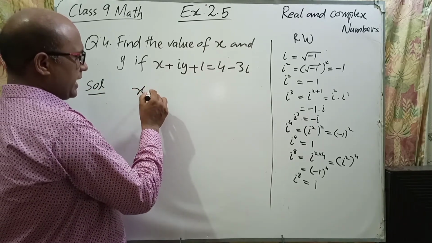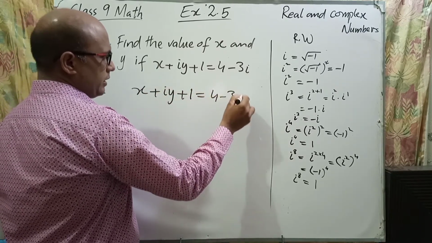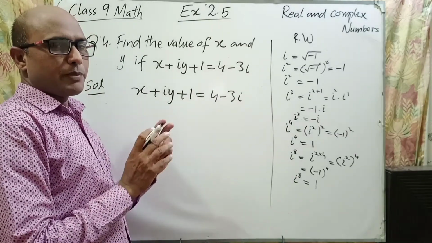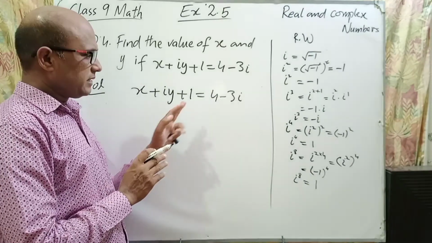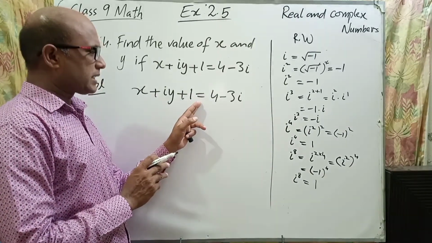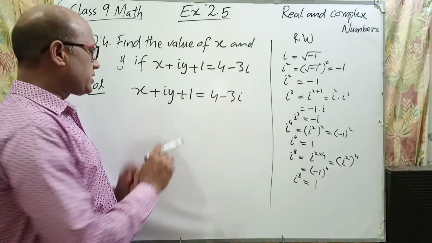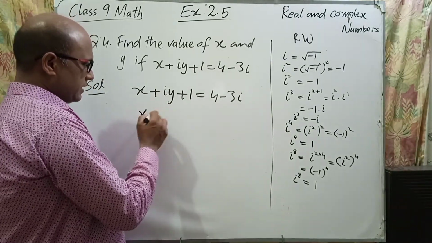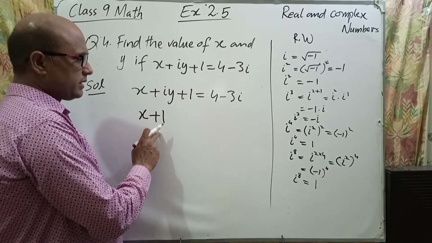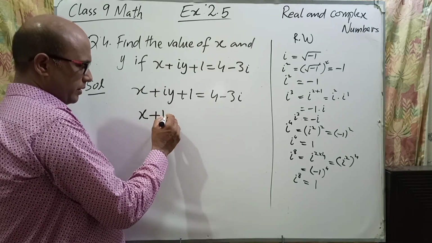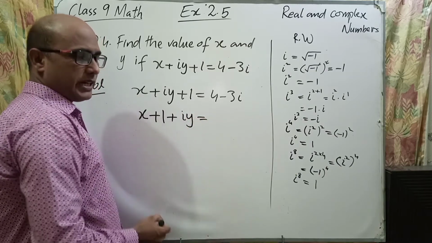Students, we will write it as it is. And we have to separate the real and the imaginary parts on both sides. On both sides of the equal sign, we'll arrange them according to real and imaginary parts. So x plus 1 on the left hand side, x plus 1 is a real number and iota y is an imaginary number.